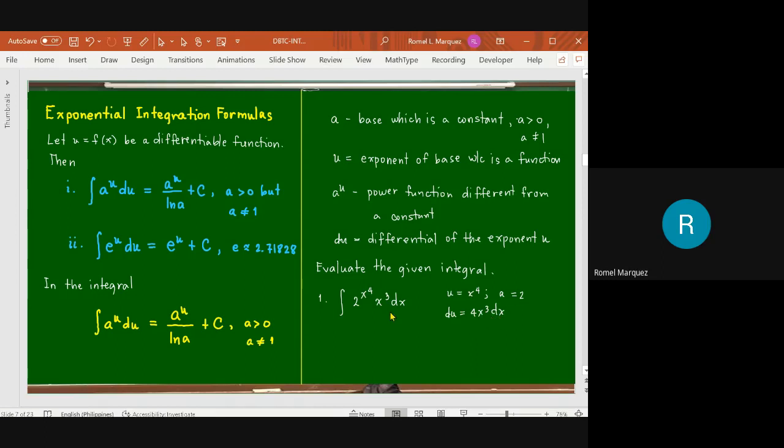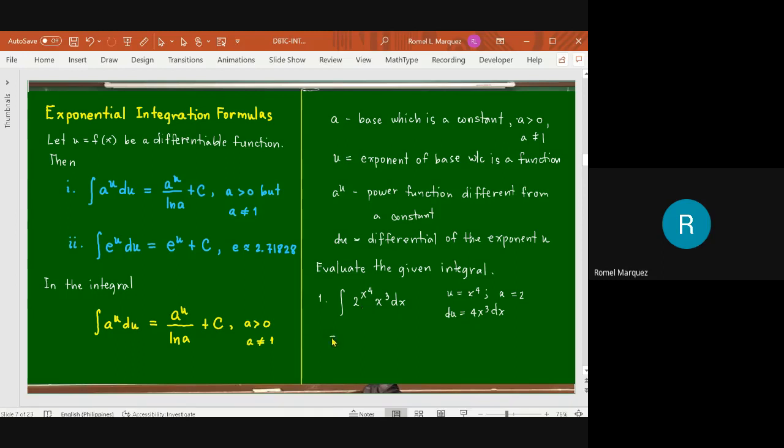Looking at the integral, now, in the integrand, together with the dx, notice that our du is not yet complete. So this x cubed has a missing factor to be du, no? What is that missing factor? 4. So we have to supply that so that this will take the form of a to the u du.